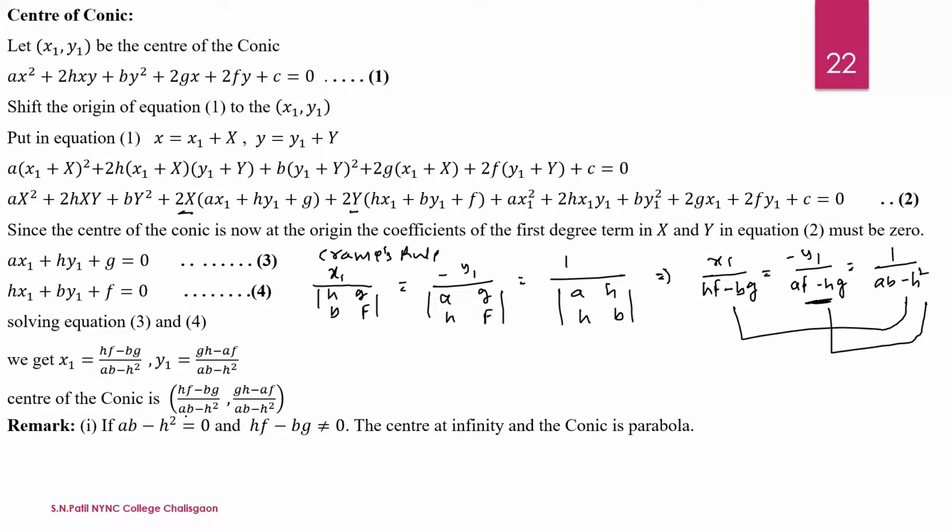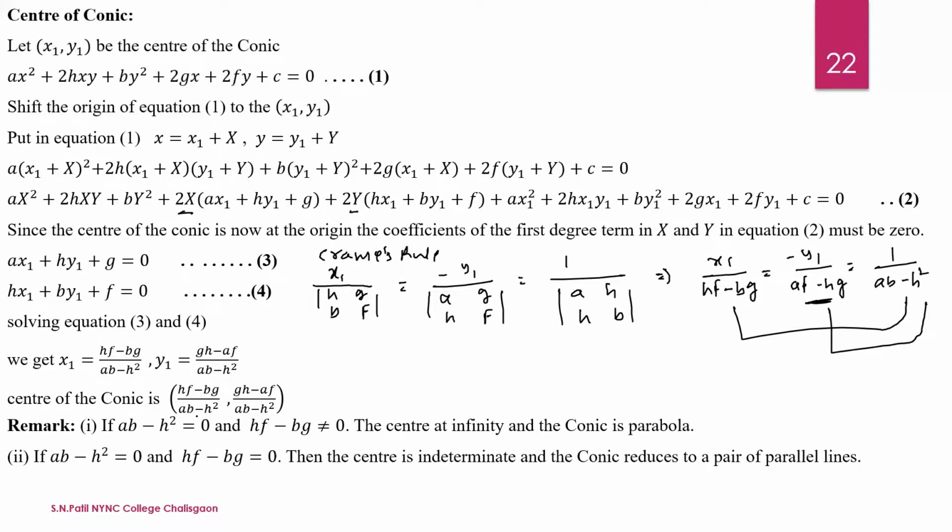And if both ab minus h square and hf minus bg are 0, then the center is indeterminate and the conic reduces to a pair of parallel lines.